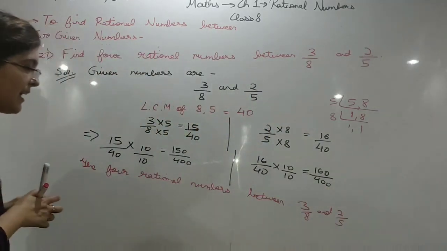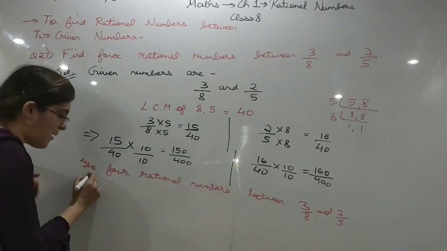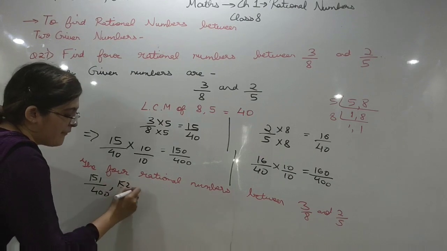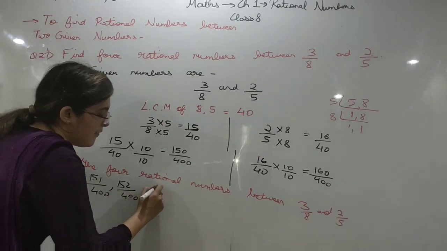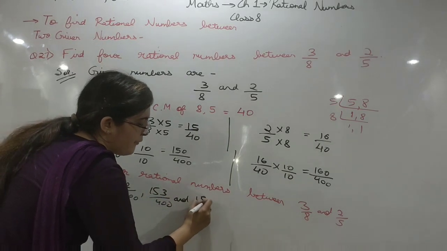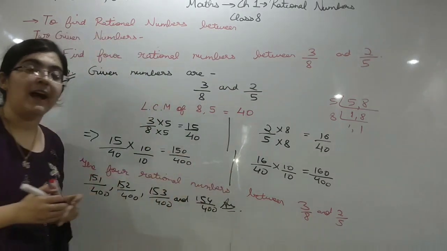From 150 to 160 we can take any 4 numbers: 151 by 400, 152 by 400, 153 by 400 and 154 by 400. This is your answer. Understood?